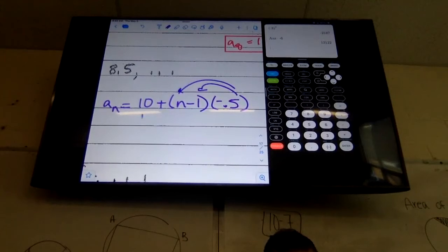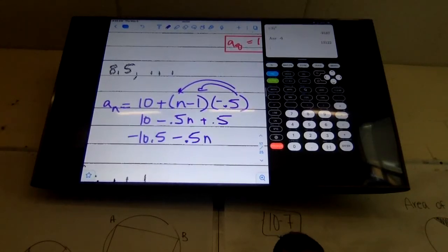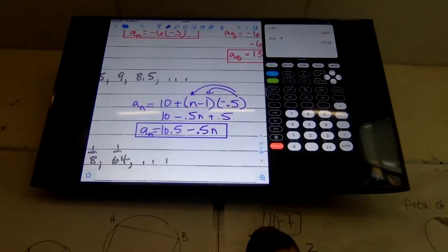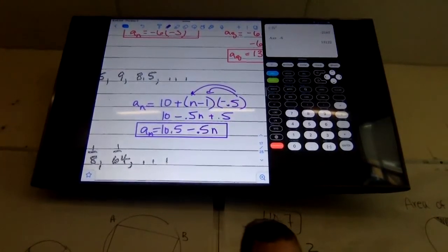Let's simplify it. 10 minus 0.5n plus 0.5. So I get 10.5 minus 0.5n. Did I do it right or did I mess it up? I'm good. The negatives can be confusing, so you just got to be super careful when you're distributing or carrying those through or adding or subtracting.